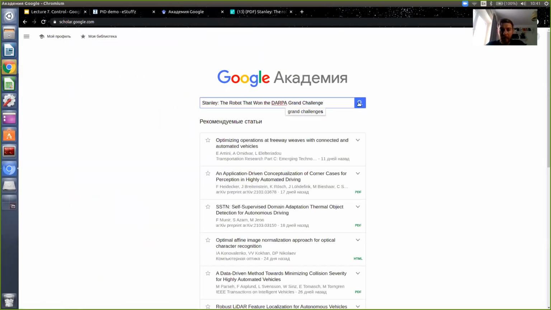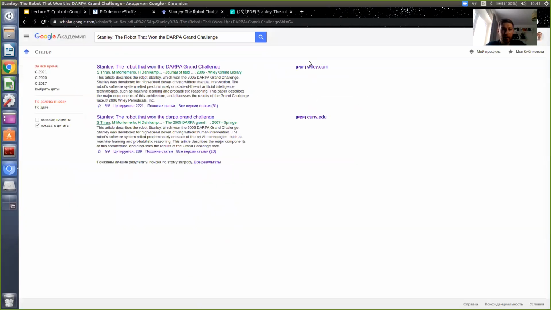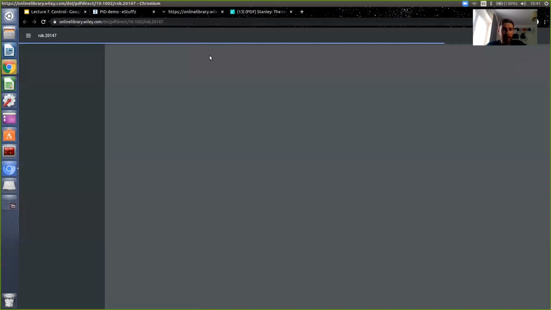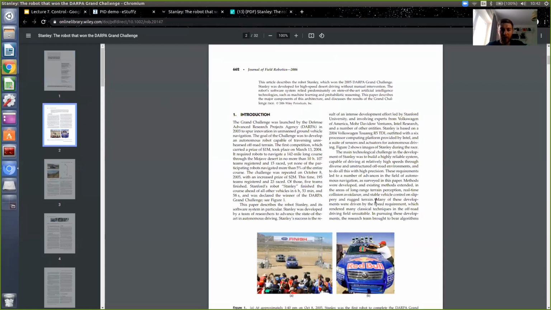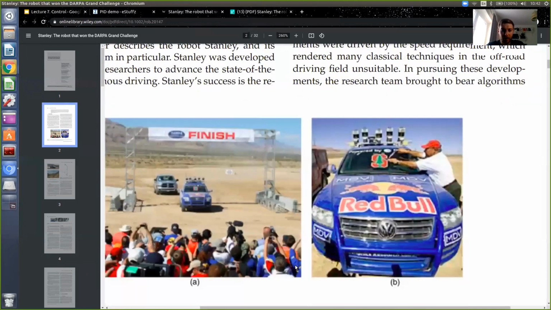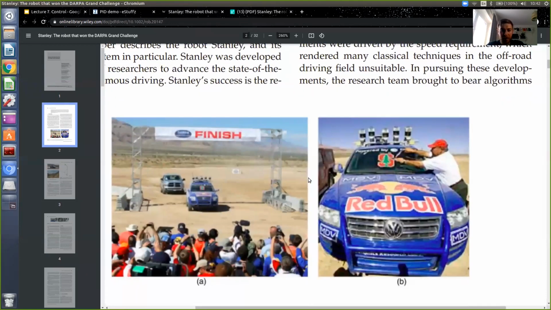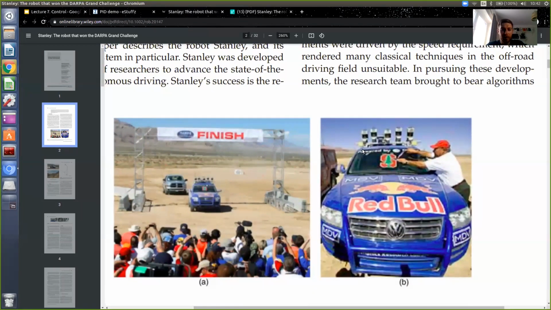So in 2005, DARPA, or the American military agency, organized a competition of autonomous cars. That was the first autonomous cars competition in the world. And there was a team from Stanford which built this robot called Stanley. In the first competition, in 2004, nobody won because not a single team reached the finish line.